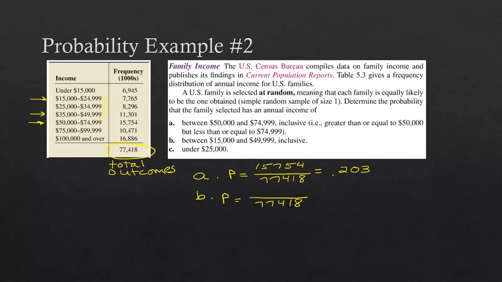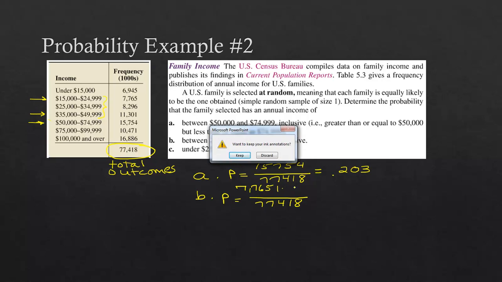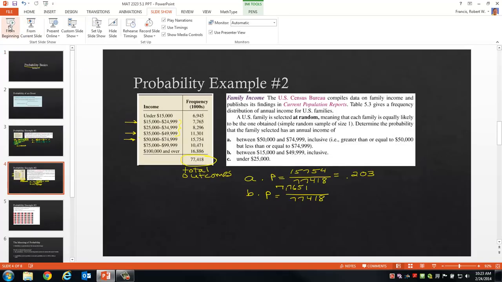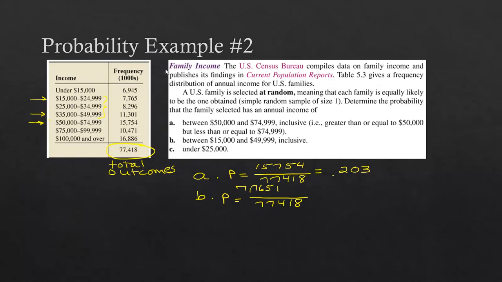So when you get ready to do what you want, you have to add 7765. Let's go back, and hopefully it's going to work here. Yeah, there we go. Alright.